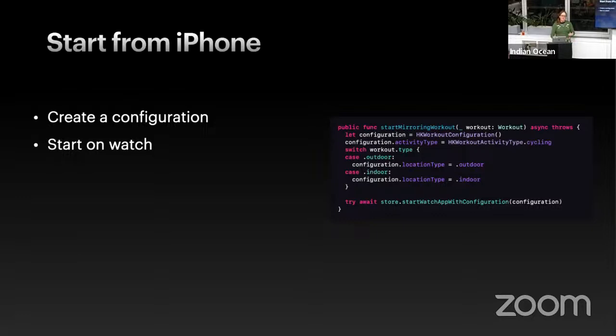Because if you're out cycling, depending on the type of cycling you're doing, you always want to check, is the watch actually going to be there before you do all of this? Standard sort of safety checks. But if the watch is there, you tell it, okay, go ahead and do your thing.